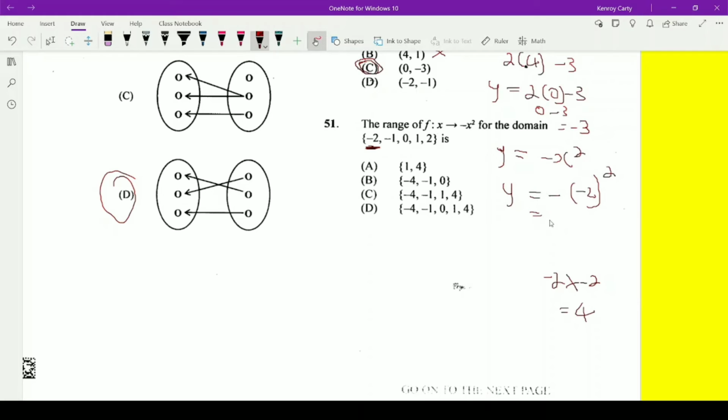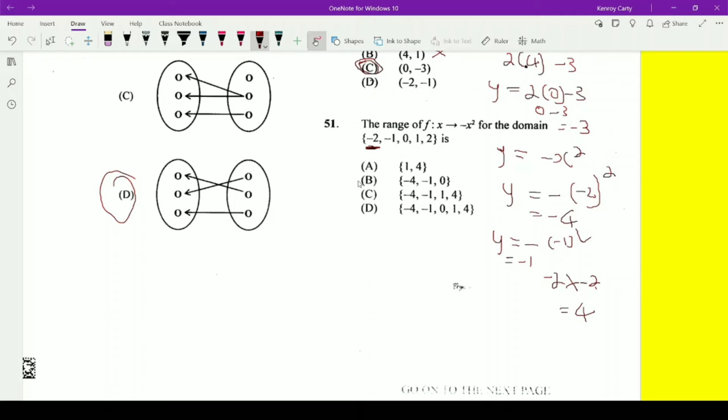So it's going to be minus 4. Remember, we got 4 for the bracket, which is negative 2 times negative 2. Alright, what about minus 1? y equals minus (-1) squared. Remember, you have to do indices first. Now, (-1) squared is negative 1 times negative 1, which is positive 1. And then the minus goes back in front of it. So we're going to have minus 4. We're going to have minus 1.